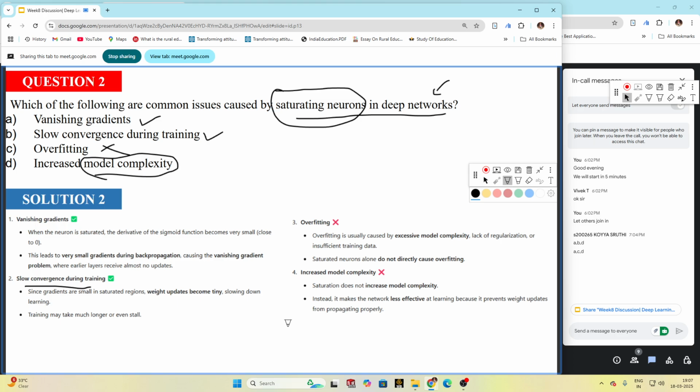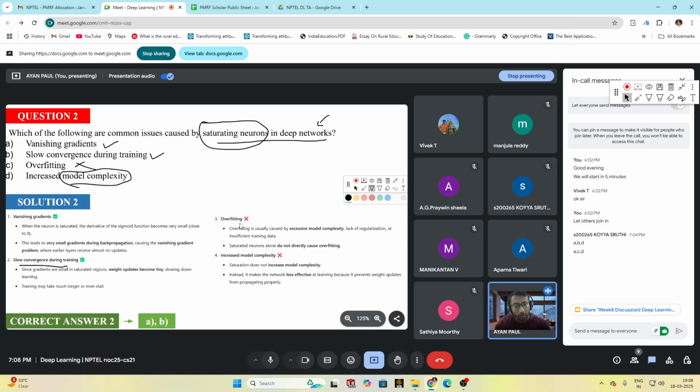Overfitting and increased model complexity, we cannot say directly. Yes, it is a deep network, it can happen, but that is not the question. We are only focused on saturating neurons. So that is why option A and option B are correct. Is it clear to all of you? Yes, sir.